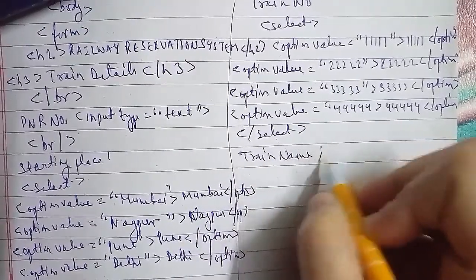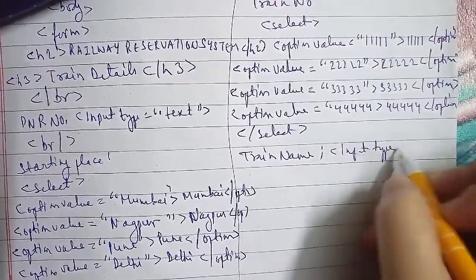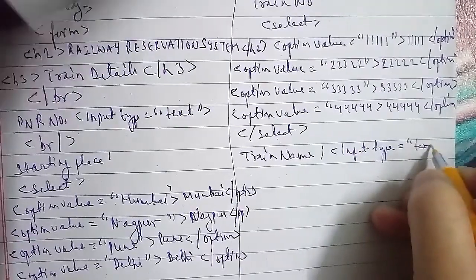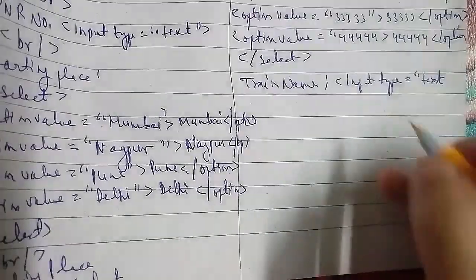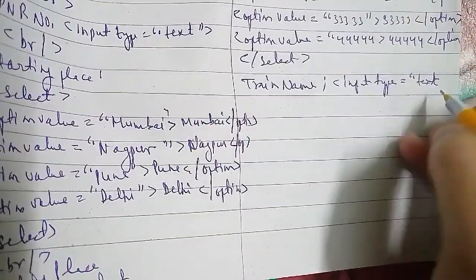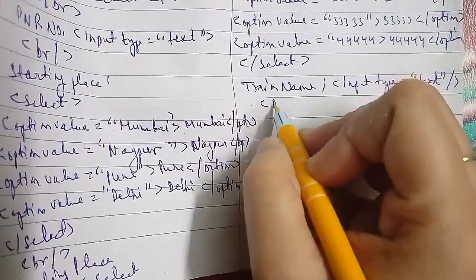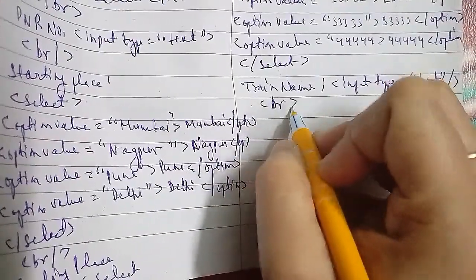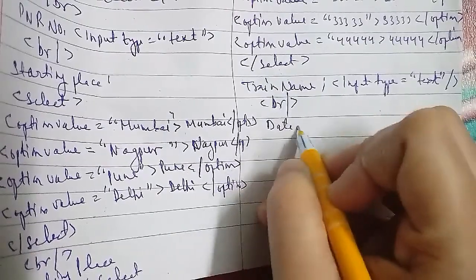then total amount, input type equals to text, and then h3 customer detail, closing h3.